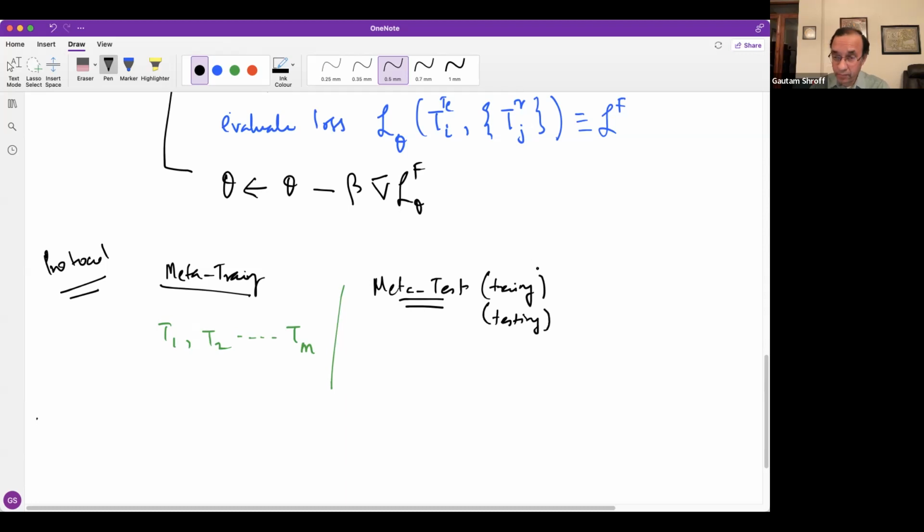They are not data sets. These are actually parts of how you evaluate things. So for every meta test task, you will have a D-train and you'll have a D-test, right?